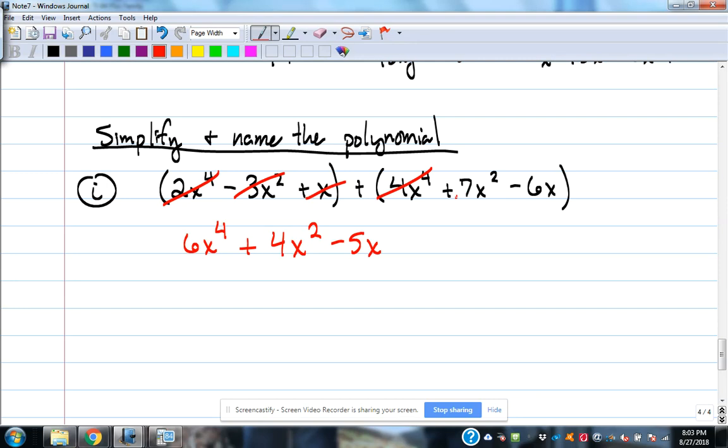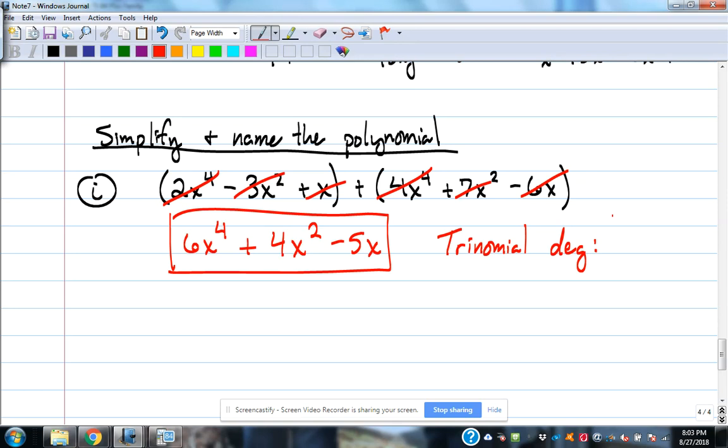So there we've used up every piece. How many terms does that have? 3, so it's called a trinomial with a degree of how much? 4, right? Biggest one. Trinomial, it has a degree of 4. So that combines everything that we've done so far in this section. Puts it together. Okay.